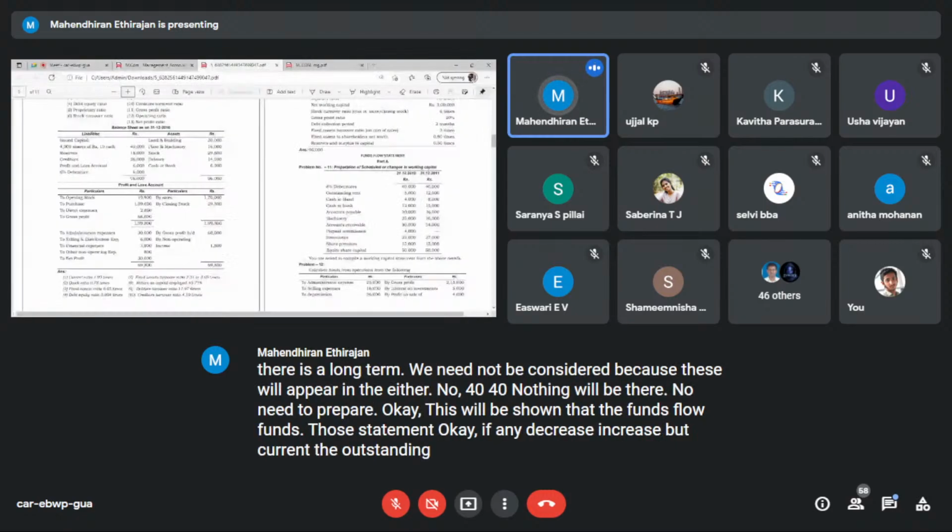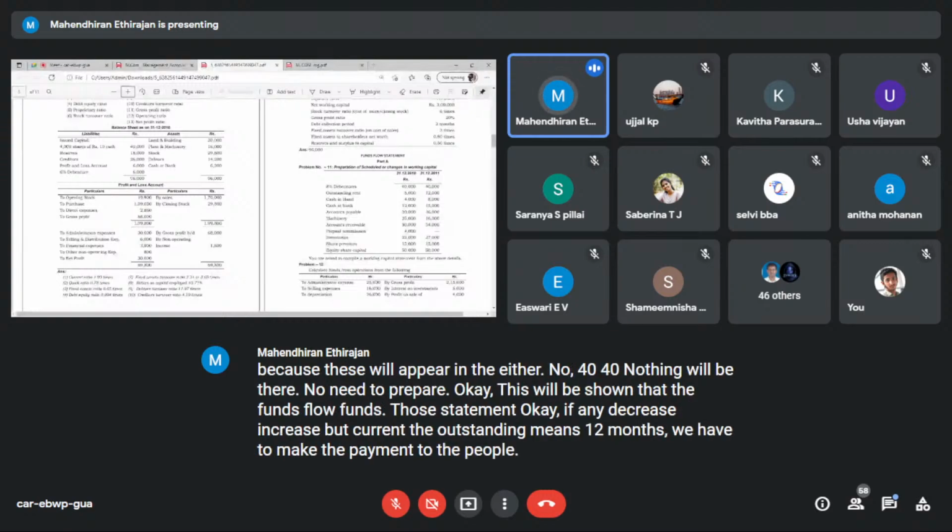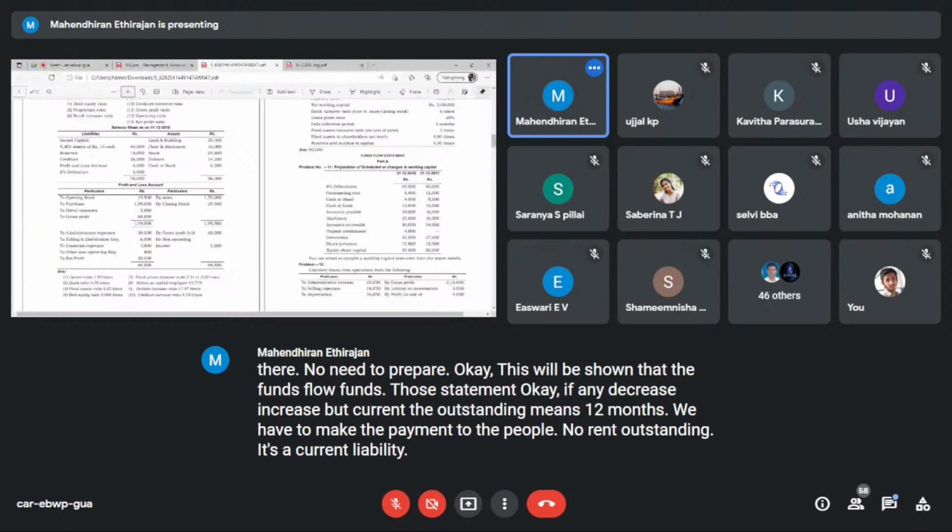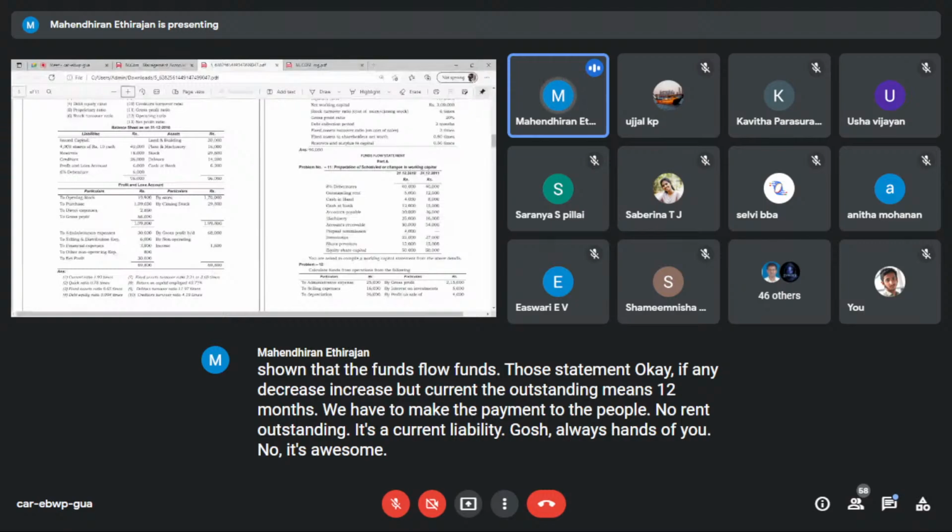Outstanding means within 12 months, we have to make the payment to the people, so outstanding rent is a current liability. Cash in hand is an asset, bank is also an asset, payable is a liability.